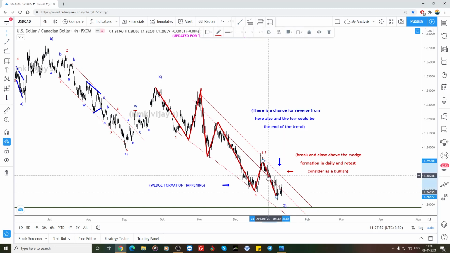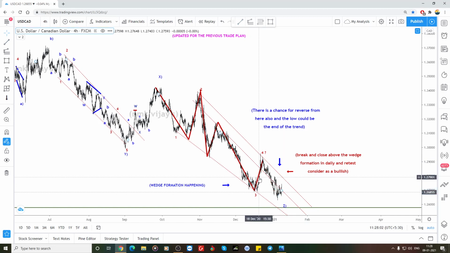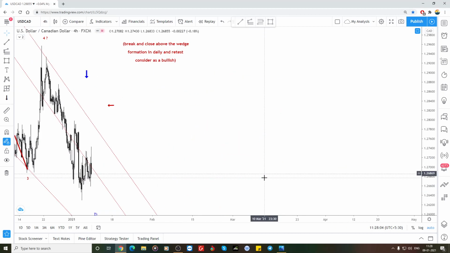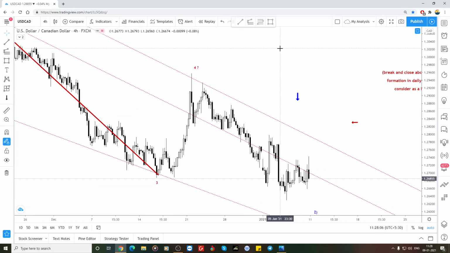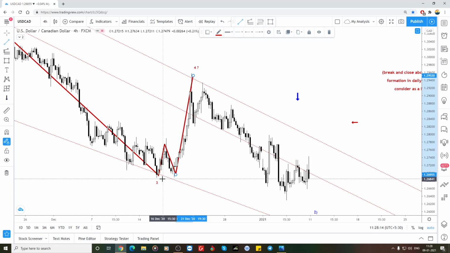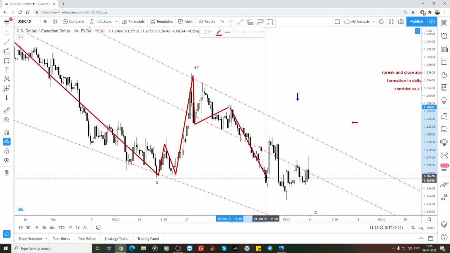Here it's one confusion, because I'll show you here. See, it's a B, and C, and it didn't break the low yet, right? So after that, see, this is the A, this is the B, and this is the 5-wave structure.